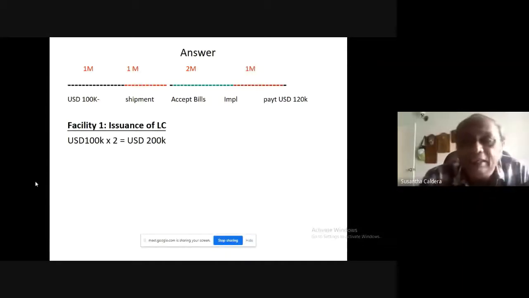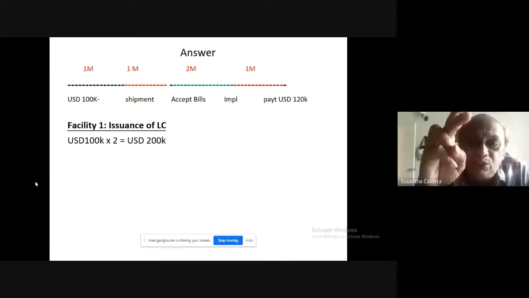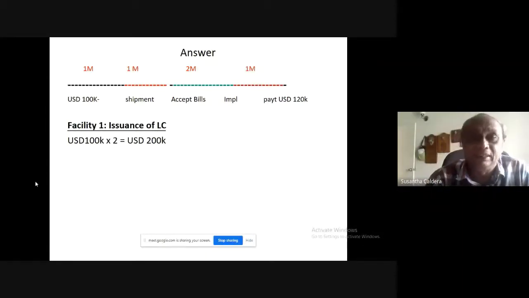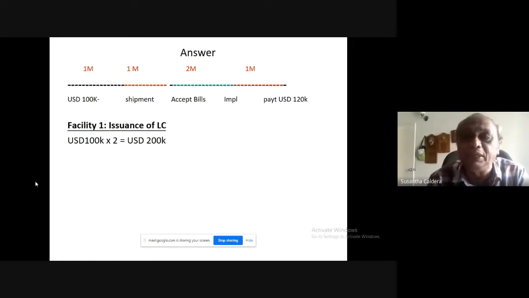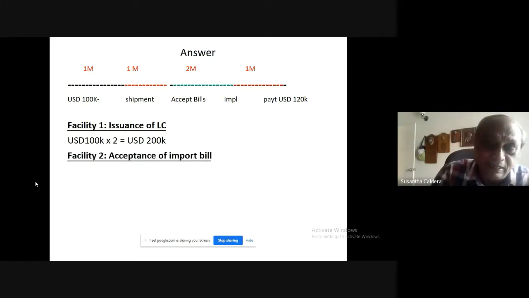Then at least we need facilities to open 2 LCs, because one facility is not enough. Only when the goods arrive and the LC bill is accepted does the LC liability reverse. So the second one must also be opened. Then we need facilities to open 2 such LCs. Right? Okay. If you have any questions, please ask me.